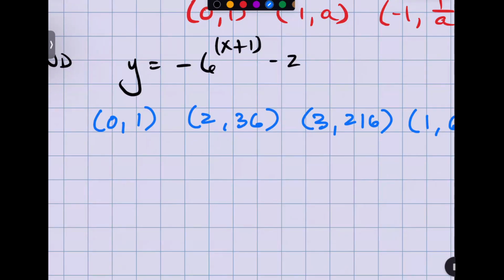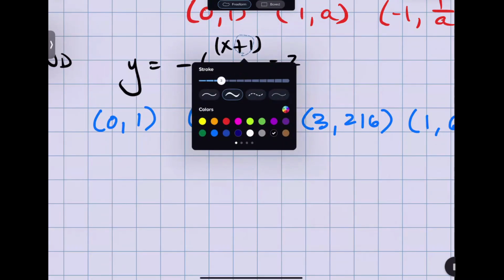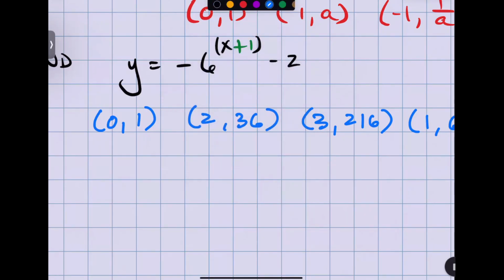So if I look at this, what do I deal with first? I have to go inside. I got to do parentheses first, right? Because when I look at a problem, I do parentheses first. So here I would subtract 1 first. Everybody see that? So here I would take this part right here first. Let's call it green. So I'll do that first.